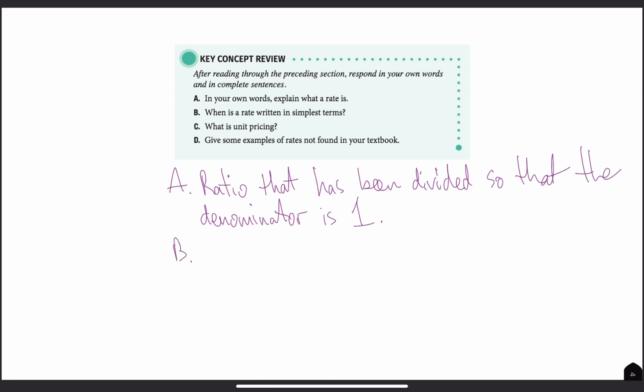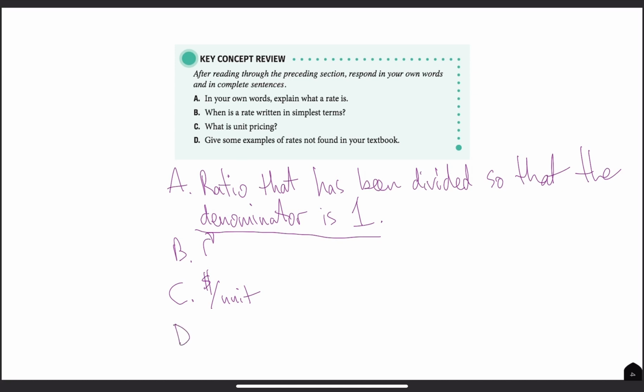When is a rate written in simplest terms? Well, actually see this part right here. When the denominator is 1, then the rate is written in simplest terms. C, what is unit pricing? Unit pricing is where you compare the cost per unit of an item to see what is the best value.